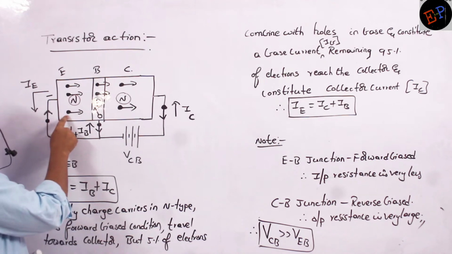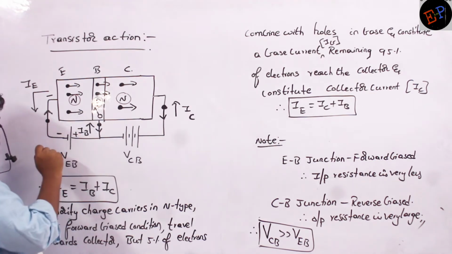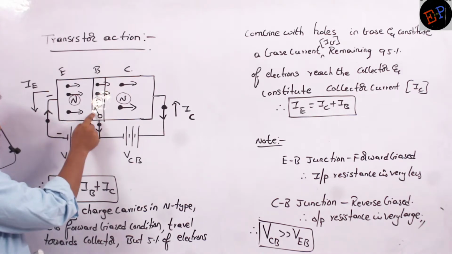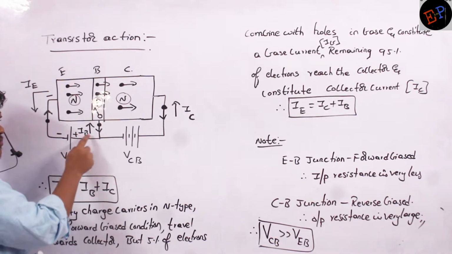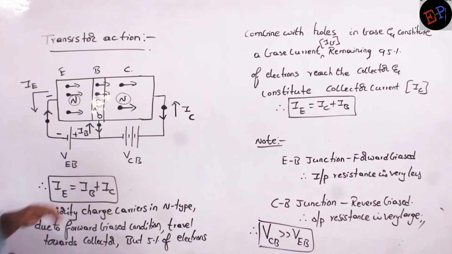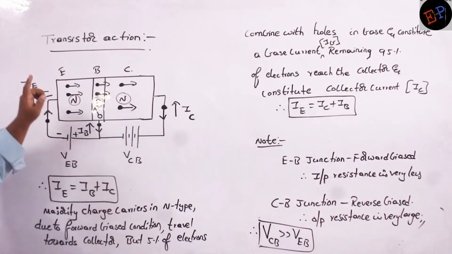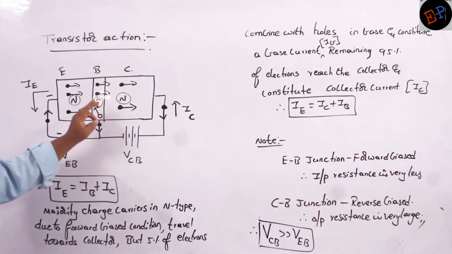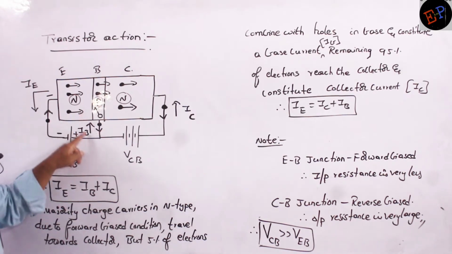So some of the electrons combine with the holes. Here you are seeing one hole, no? When they combine, we get a new type of current, which is called base current. When the majority carriers in the emitter combine with the majority carriers in the base, base current is constituted.